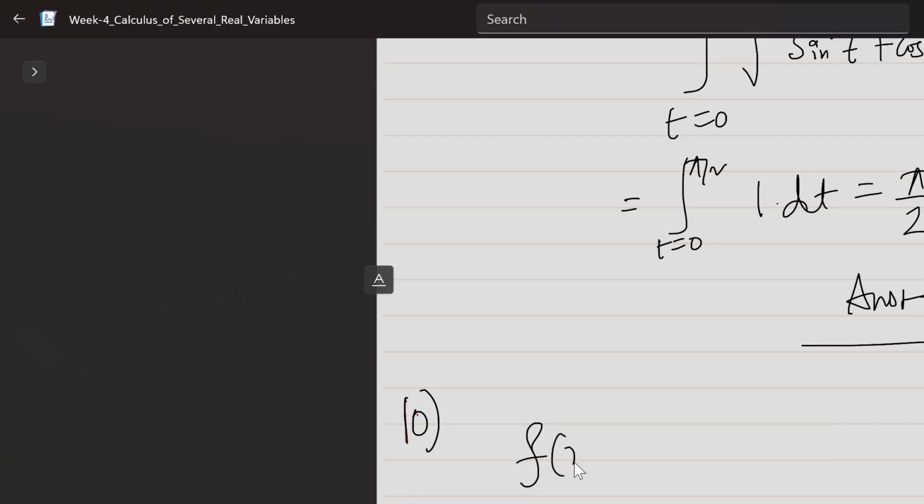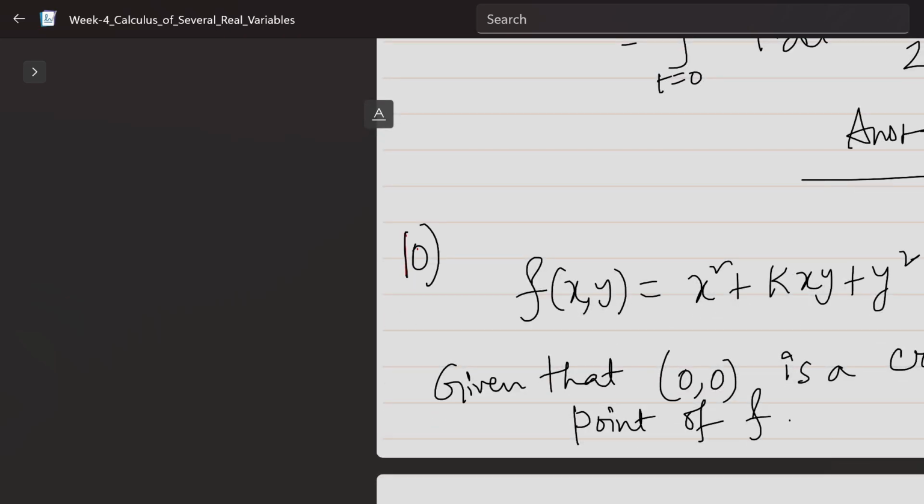So I will write the function f(x, y) is x square plus kxy plus y square. Given that 0, comma 0 is a critical point of it, del f del x at 0, comma 0 is 0.